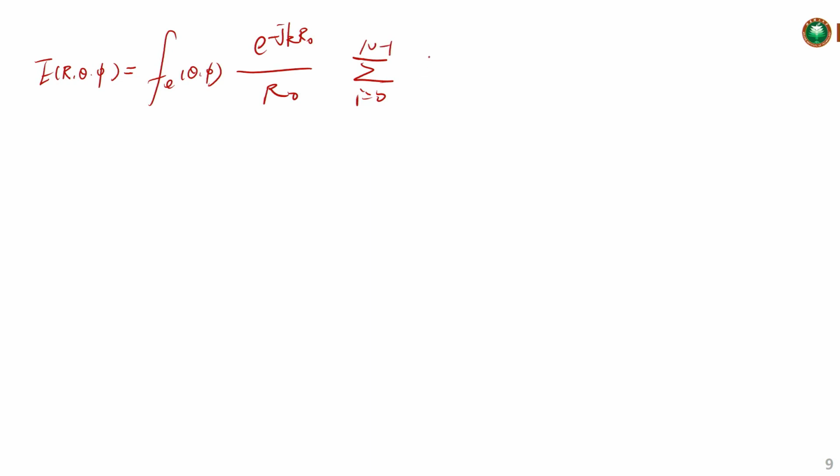So we can express it as E(r, theta, phi) expressed as E(theta, phi) e^(-jkR node), constant, right? Sum from i equals 0 to n minus 1 of a_i e^(jikd cosine theta). This term.